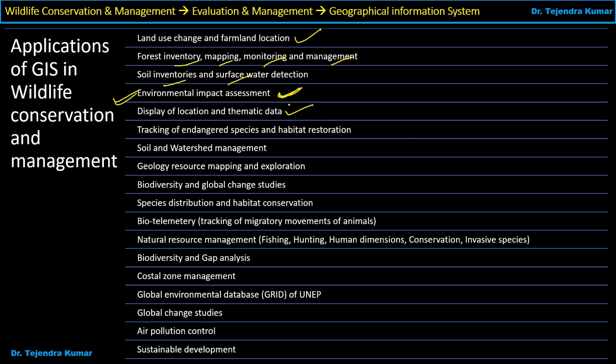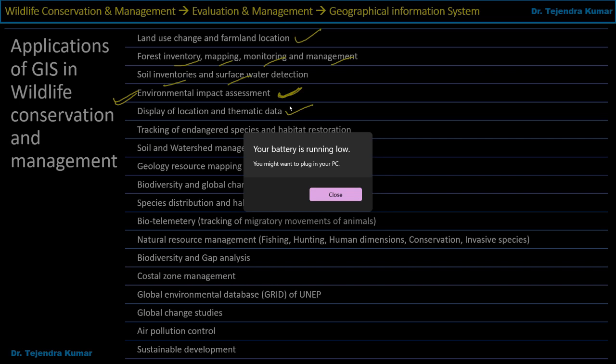So there are thematic data which we had seen, different types of data, and these are used on the thematic map, which I have showed you. Actually, what is happening is that we are first taking a map from the reference point, and then we are working on it. So what will happen? It will show.